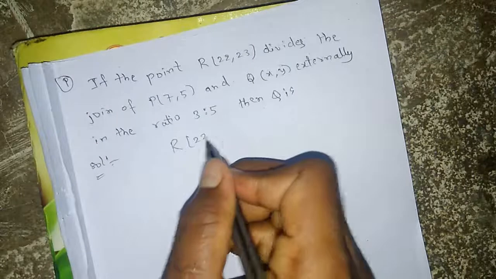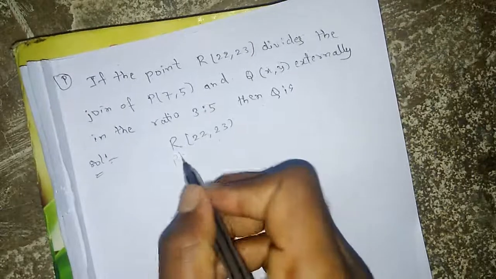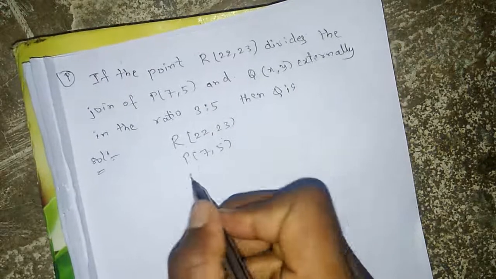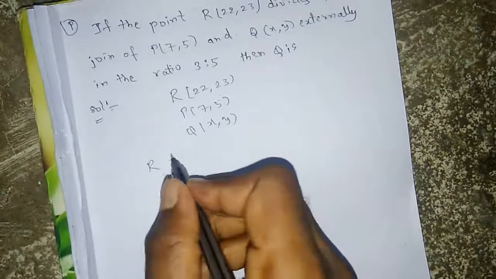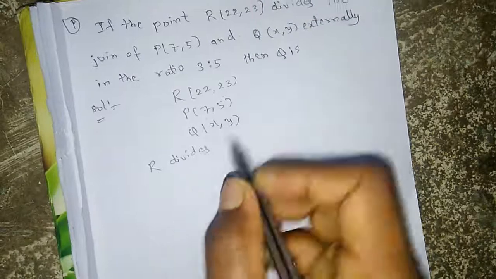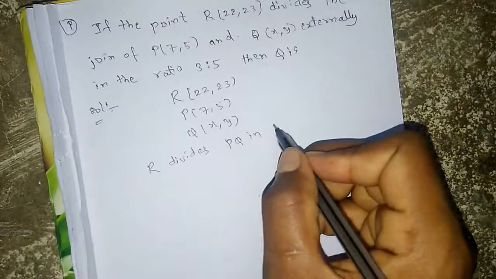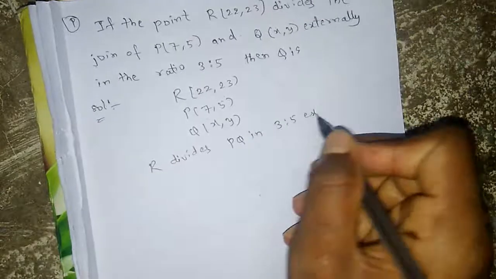Here R is given as (22, 23), P is given as (7, 5), Q is given as (x, y). R divides PQ in the ratio 3:5 externally.